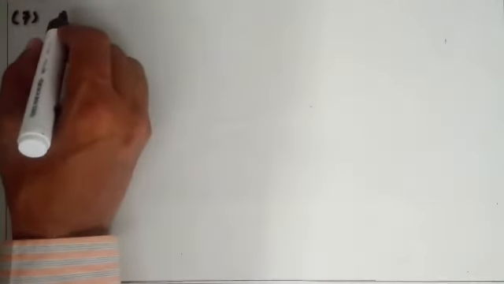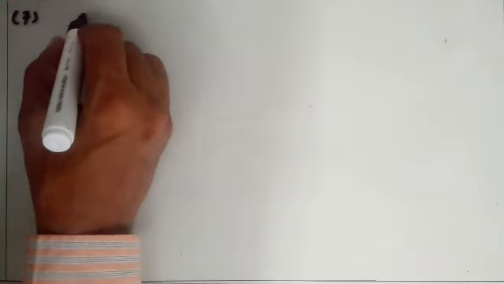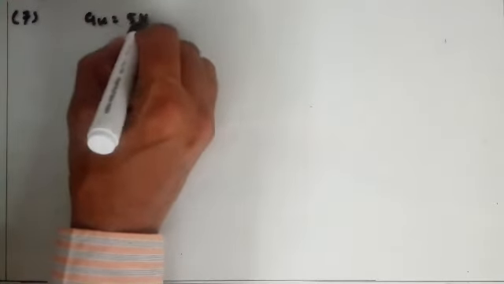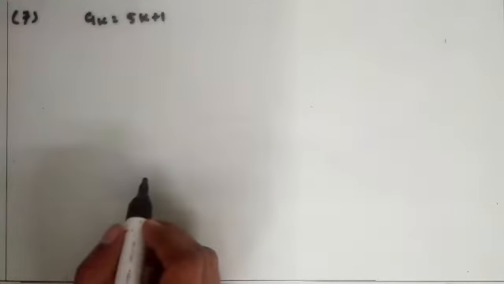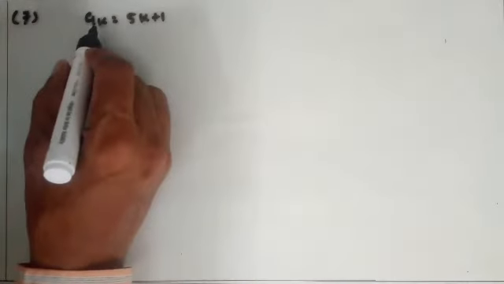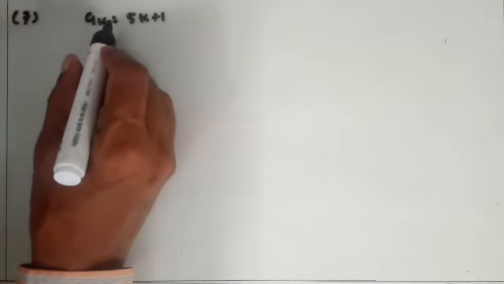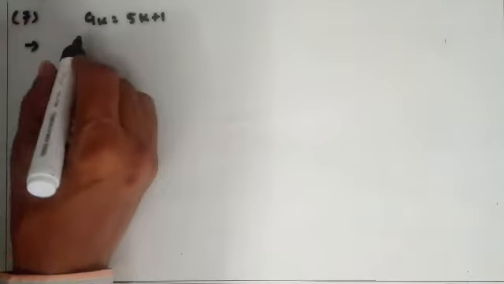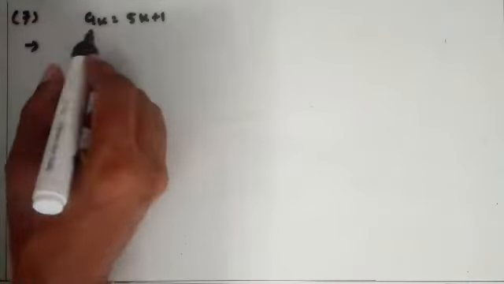Now question number 7. Find the sum of n terms of the AP whose kth term, that is AK, is equal to 5k plus 1, given. Sum of n terms. Here first we get the first term and the last term, that is nth term. From this, AK is equal to 5k plus 1.